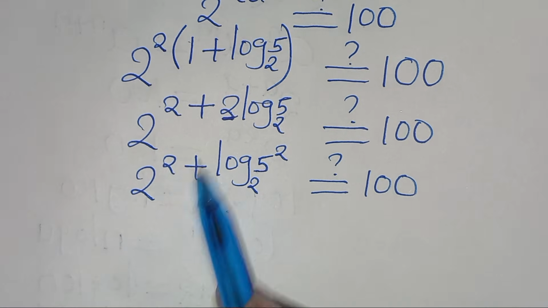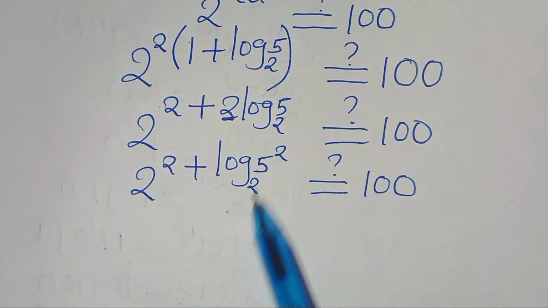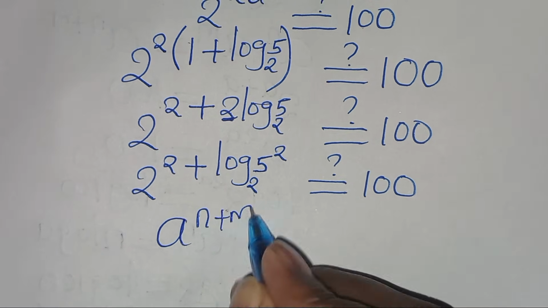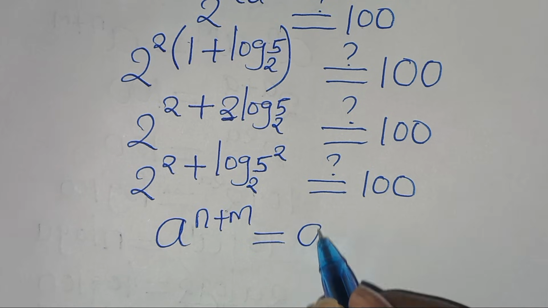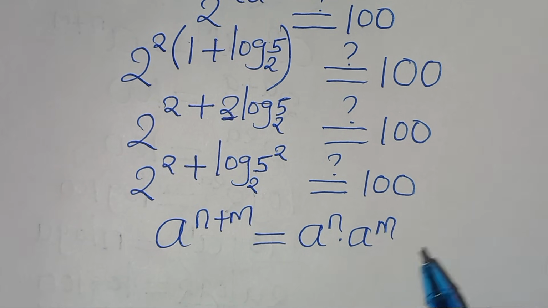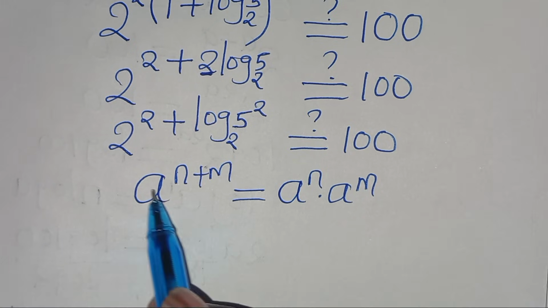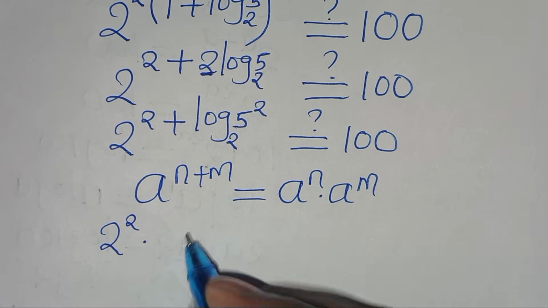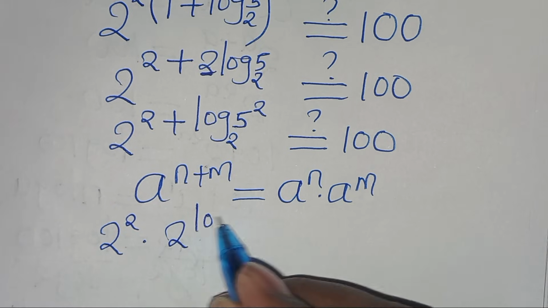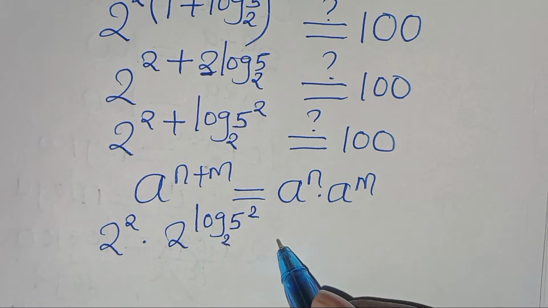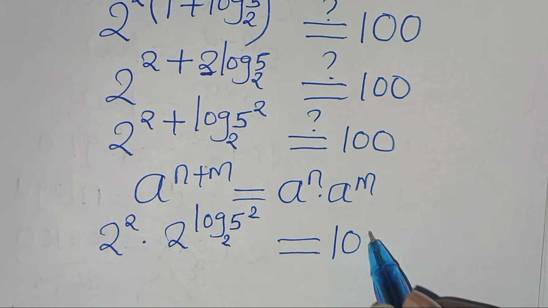Now 2 to the power of 2 plus log 5 to the power of 2 to base 2 is in the form of A to the power of n plus m, which we can express as A to the power of n times A to the power of m. Applying this exponent property, we have 2 to the power of 2 times 2 to the power of log 5 to the power of 2 to base 2. This should give us a value of 100.